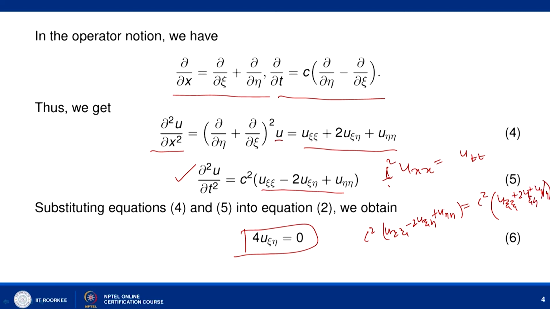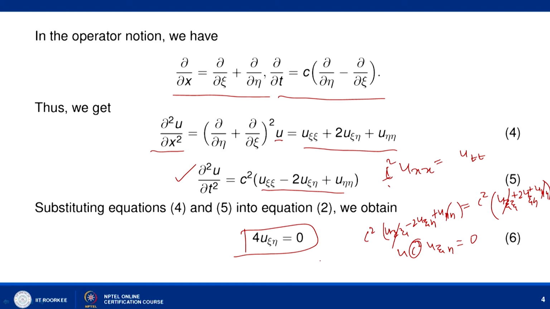Now these will be cancelled out. What you will have is that 4 times c square u_xieta is equal to 0. Now c square is just a constant, which we have taken as non-zero, so c can be taken out. In fact 4 also you can take out, and you have u_xieta equal to 0.